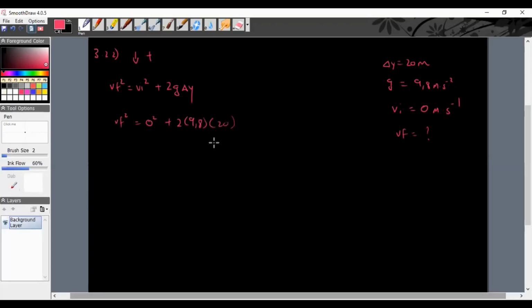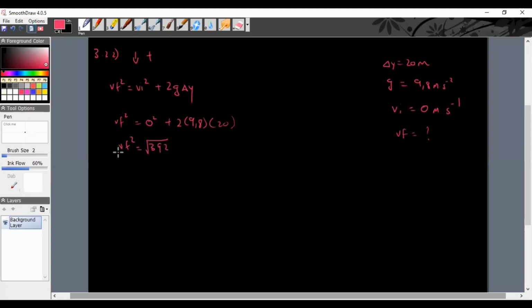If, and I do say if, upwards was our positive direction, then these two would have to be negative. So we have, still Vf squared here, 2 times 9.8 times 20, and we get 392 as our value here.